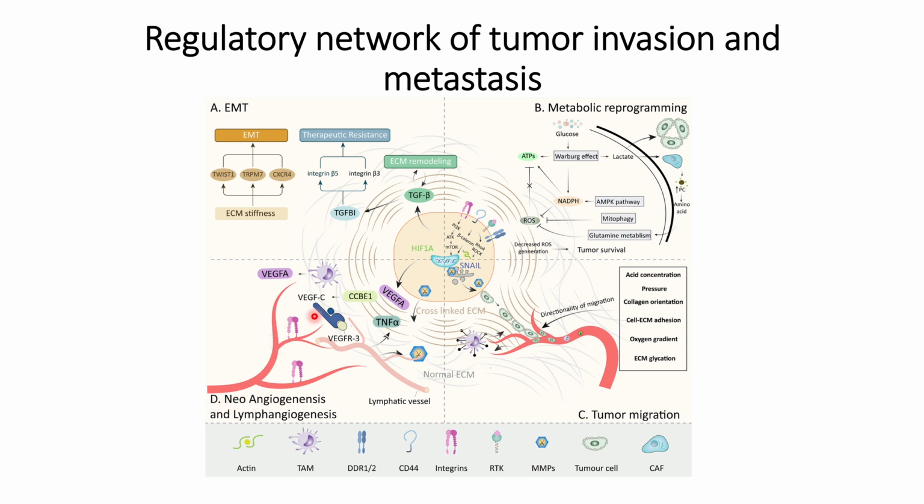This new angiogenesis will take care of the energy requirements of the tumor cells for their accelerated growth rate. These new vessels can be in the form of neoangiogenesis or lymphangiogenesis. This is the lymphangiogenesis example, and this is the neoangiogenesis example.